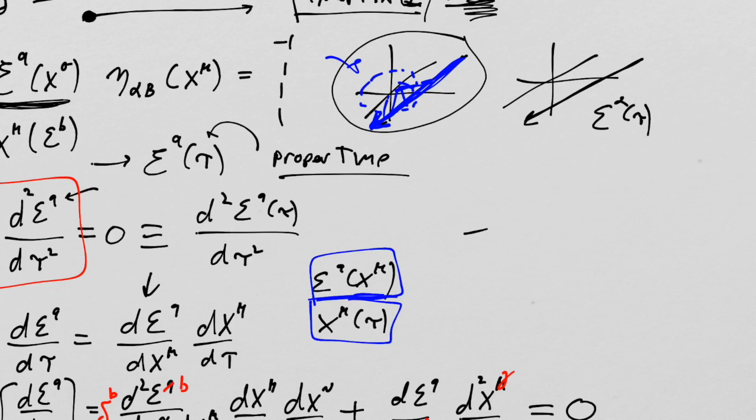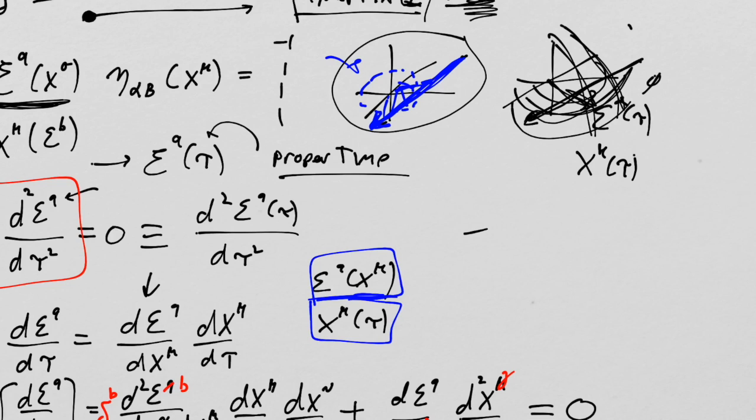But now we have x mu of tau, which is the same straight line path, but in the curvilinear space of polar coordinates, right? With r, the azimuthal coordinate phi, and the longitudinal coordinate theta.